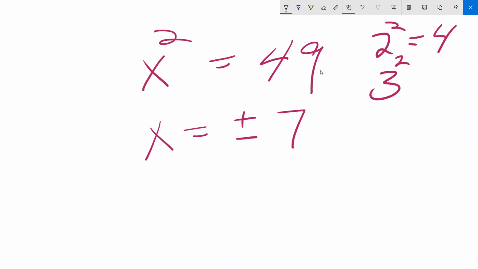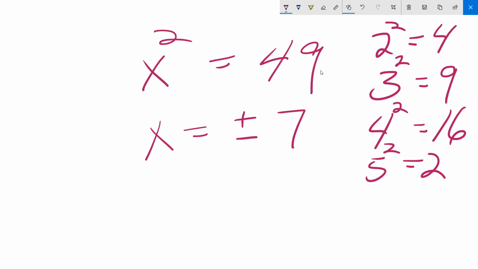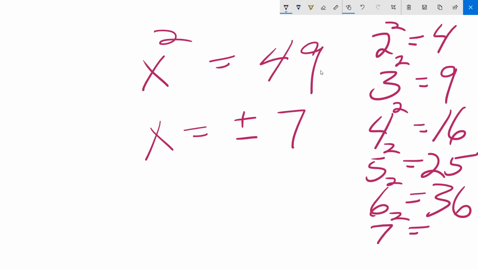What's 3 squared? 3 times 3. 9. What's 4 times 4? 16. 5 times 5? 25. 6 times 6? 36. 7 times 7? 49. 8 times 8? 64.